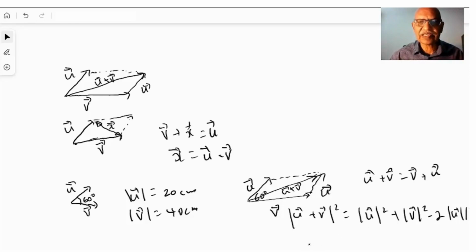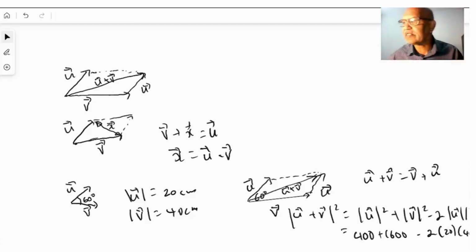So now we know the magnitude of u is 20, so 20 squared is 400. 40 squared is 1600. Minus, that is 2 times 20 times 40. The cosine of 120 is minus 1 over 2.